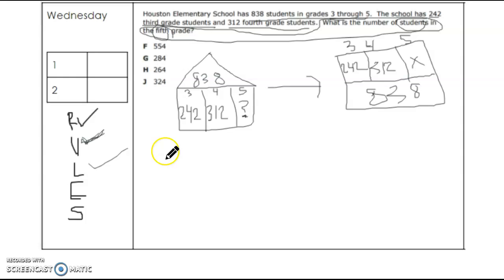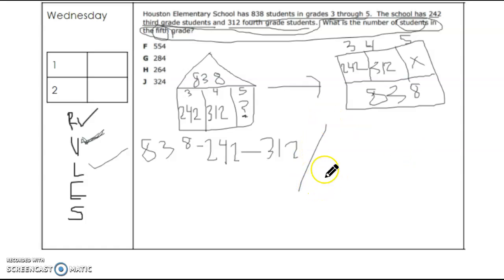I'm going to go ahead and show one way that we could write this out. So one of the options would be 838 minus 242 minus 312.